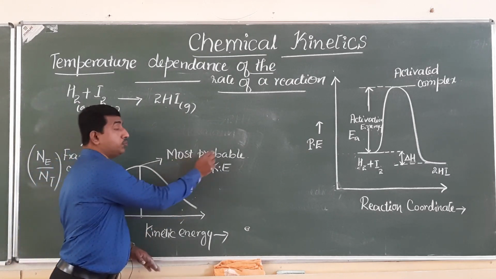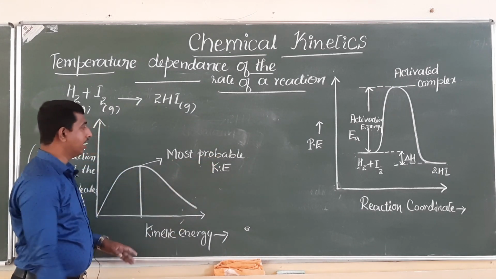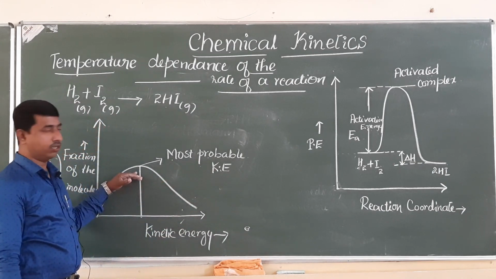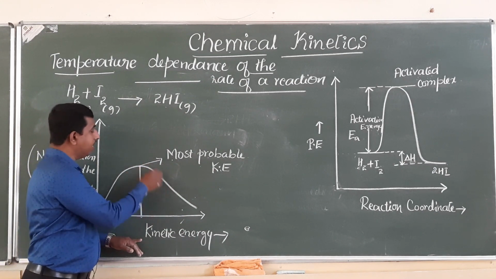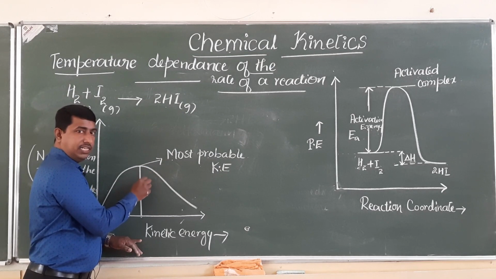What do you mean by most probable kinetic energy? Most probable kinetic energy means the kinetic energy possessed by the maximum fraction of the molecules. Maximum number of molecules lie in this region, correct? Area is greater here. So, most number of molecules lie in this region.